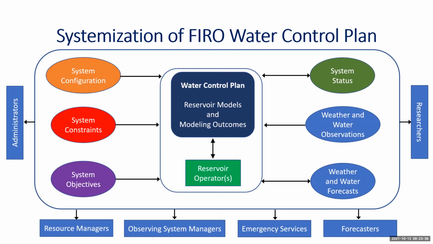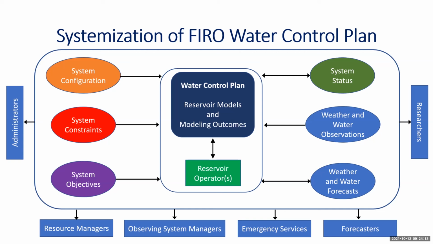If you look at the water control plan in the center of this diagram with the reservoir operators, regardless of whether it's flood control, water supply, hydropower, other, they're in the box with the water control plan, and they're served by information and tools associated with system configuration, constraints, objectives, the status of the system, the body of weather and water observations, and the body of weather and water forecasts.